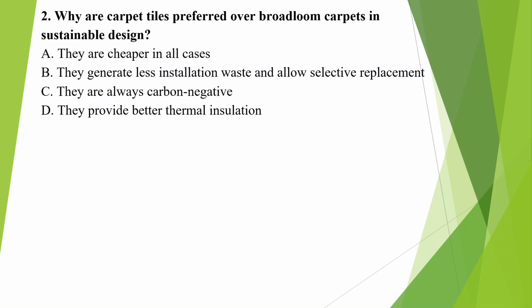The correct answer is that carpet tiles are preferred over broadloom carpet in sustainable design because they generate less installation waste. You can easily install them without much waste, and also allow selective replacement. This is the main reason behind the preference for carpet tiles.